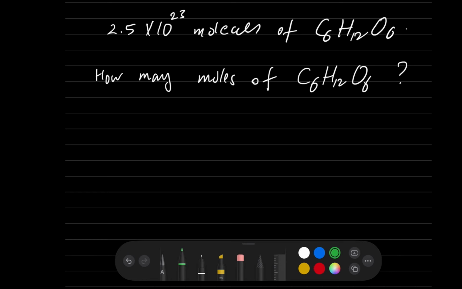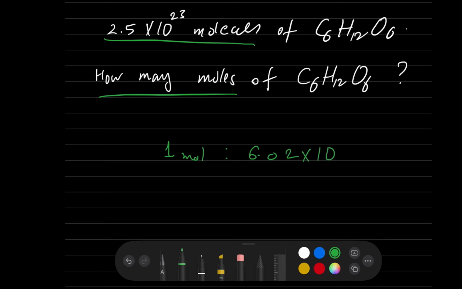Since you're given the number of molecules and the question is asking about the number of moles, we remember that golden relationship, which is Avogadro's number. Each 1 mole contains 6.02 times 10 to the power 23. Since the number of moles is unknown to me, I put X under moles and write the number of molecules, 2.5 times 10 to the power 23.